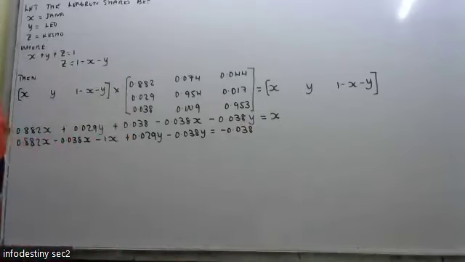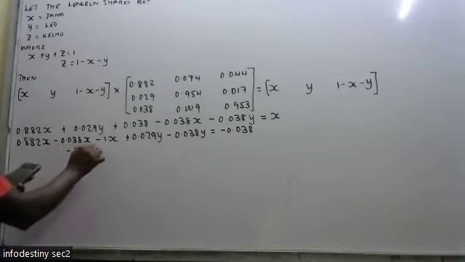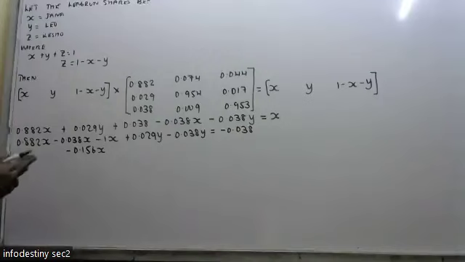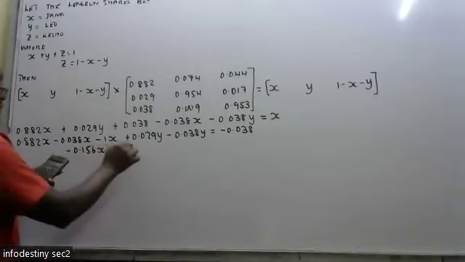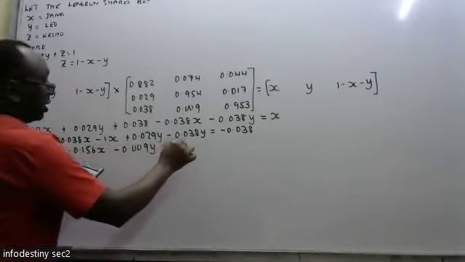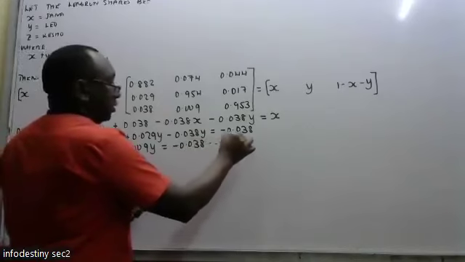Then if you take your calculator, you'll be able to establish that 0.882 minus 0.038 minus 1 is minus 0.156x. 0.029 minus 0.038 is minus 0.009y, equal to minus 0.038. And that is equation number 1.